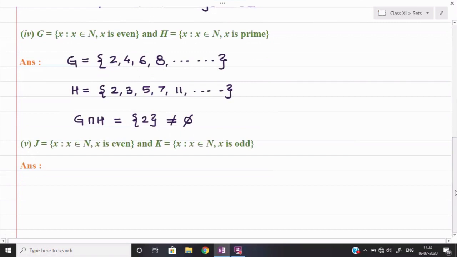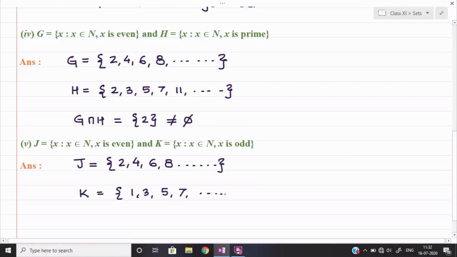Similarly, x belongs to N and x is even. Again, I will write down set J is equal to even numbers, natural also. So 2, 4, 6, 8 and it will go up to infinity. Similarly, set K is equal to odd numbers. So 1, 3, 5, 7, and again it will go up to infinity.